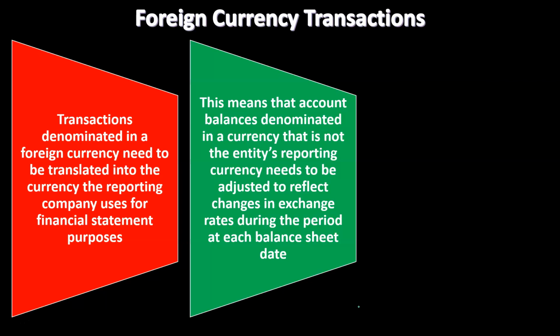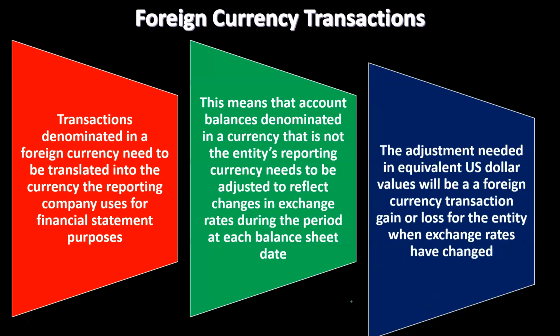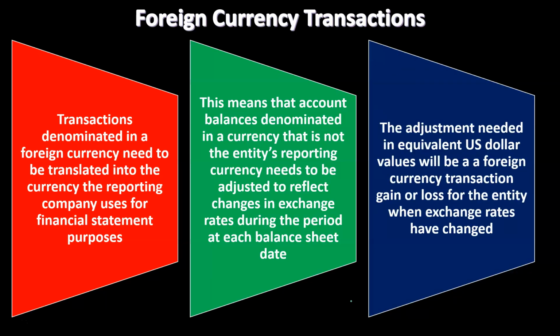If we have an accounts payable or receivable where we're going to be paying or receiving in foreign currency, then we should revalue that at the balance sheet date to whatever the current rate is at that point in time to properly reflect the financial statements as of that point in time. The adjustment needed to equivalate US dollar values will be a foreign currency transaction gain or loss for the entity when exchange rates have changed.